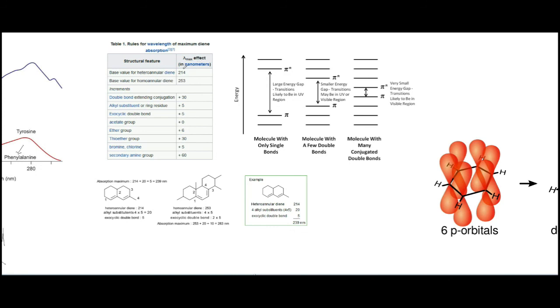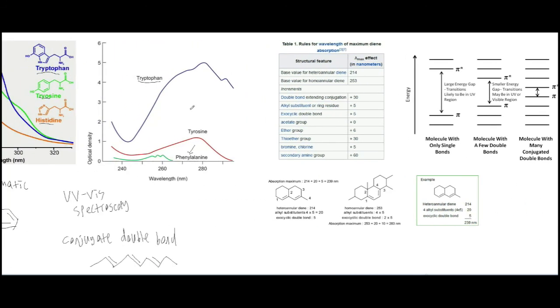And so here we see that if we have alternating double bonds like this in different rings, then our base wavelength, where we will have our maximum peak, is at around 214 nanometers, which would be somewhere not even on this graph. It'd be somewhere over here.